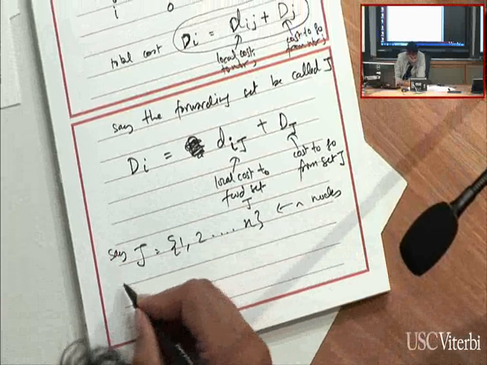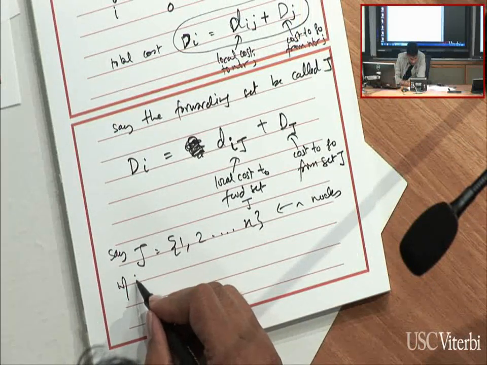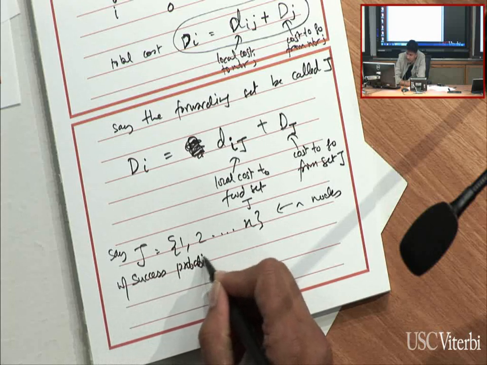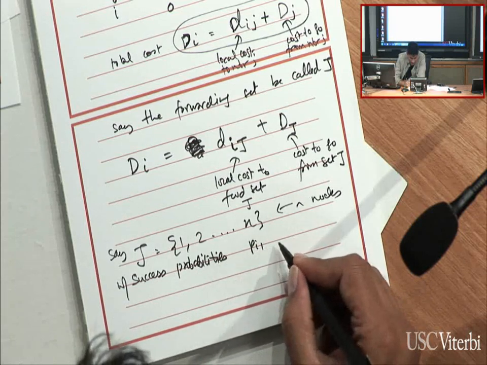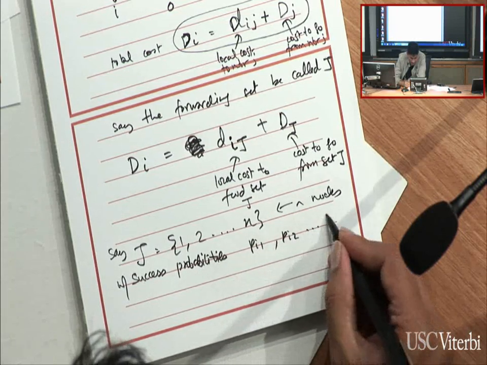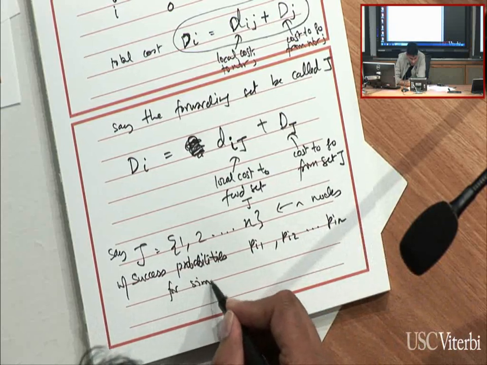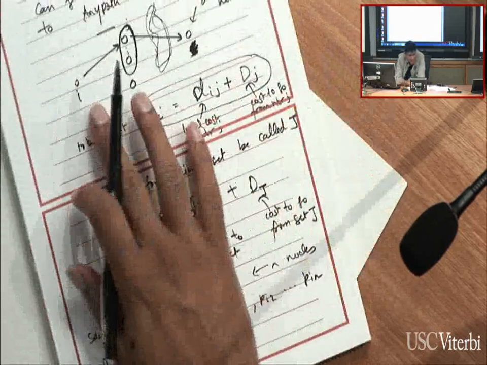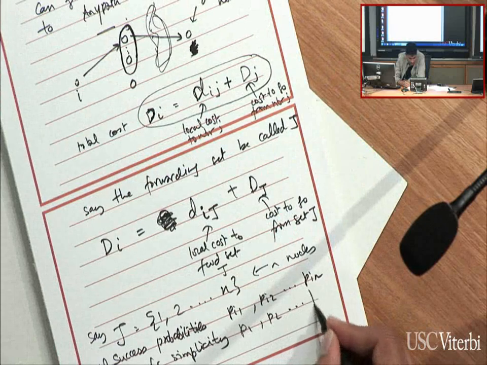They are associated with success probabilities pi1, pi2, ... pin. And for simplicity, since we're fixing in this example the node I that's going to send it, I'm just going to simplify this notation, just say p1, p2, up to pn.